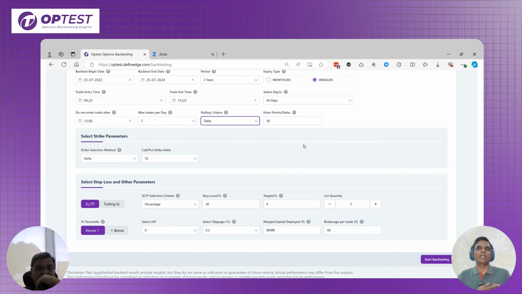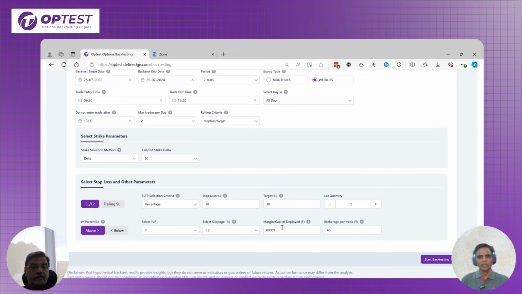It could be minus 30 or plus 30. So here you can choose. If you choose a delta of 30, it means if the positional delta is minus 30 or plus 30, then you roll over your straddle up or down to the at the money straddle. That is the rolling short straddle strategy. So let's choose based on stop loss and target. Here we choose 30 stop loss and 30 target price.